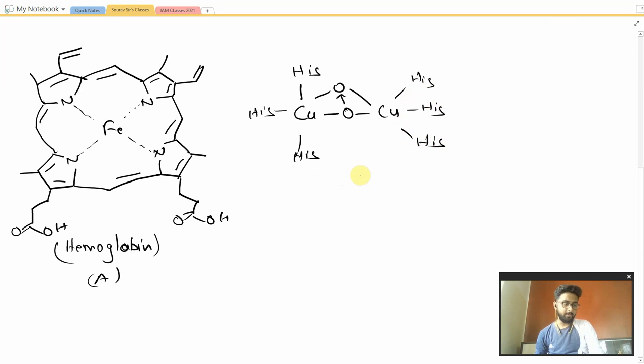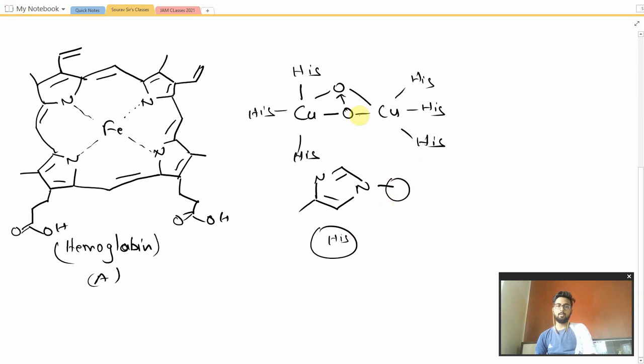Let me draw one structure of histidine so you will understand. The histidine attachment would be like this. N is here, here one N is there, and here one double bond is there, here one double bond is there. This is the histidine residue, and this bond is bonded to the copper atoms. So this was option B.